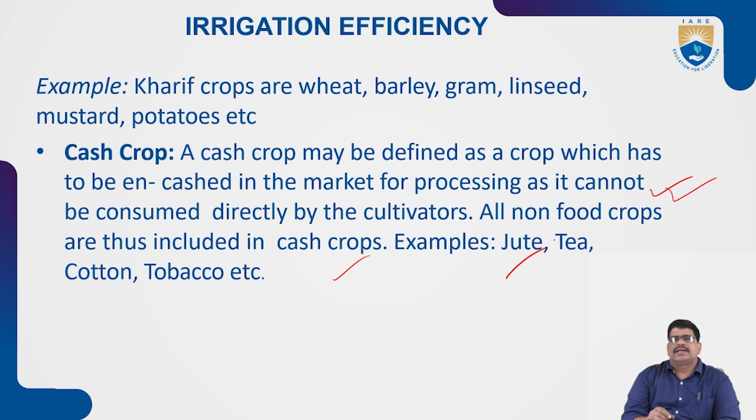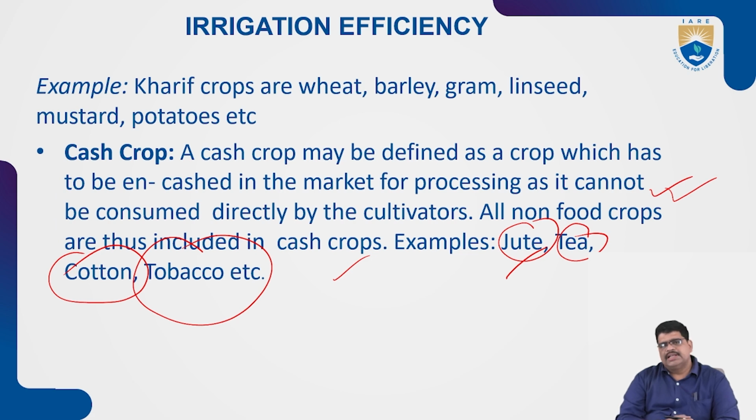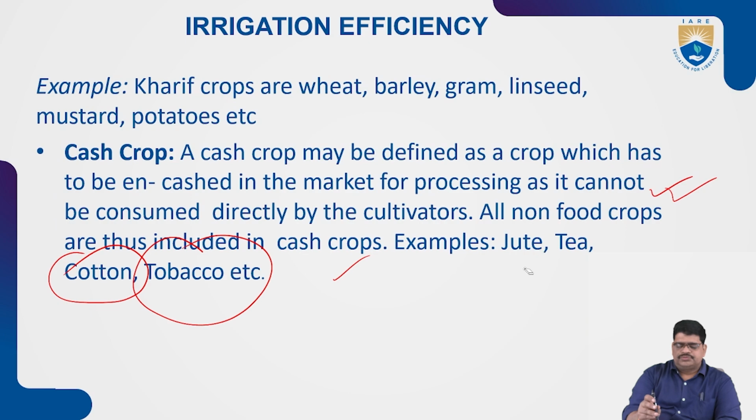For example, jute is a commercial crop. Second is tea, which is also commercial. Cotton is also commercial, and so is tobacco. These are not used directly, but they can be used commercially. The earning from these crops will be more in a commercial way. That is why the amount earned from them is also more. Such crops are called cash crops.